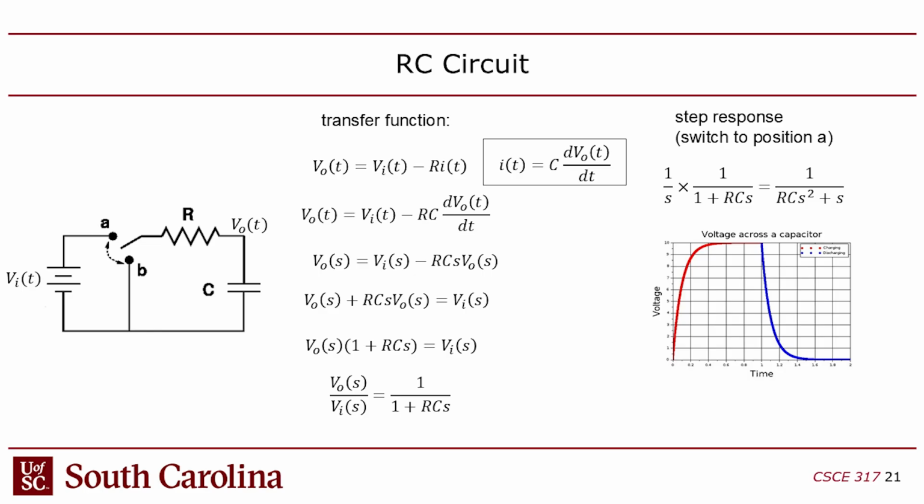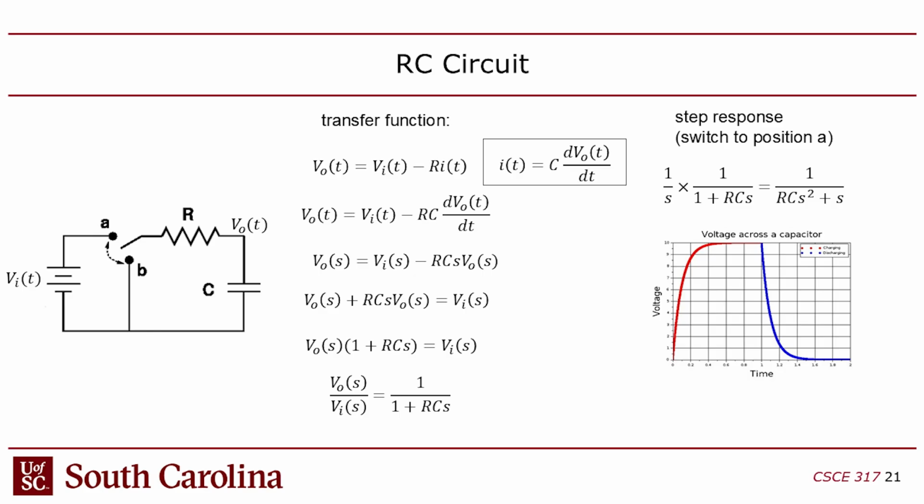That would be VI minus VO, which is going to be VI minus whatever the drop is over this resistor. And what's the voltage drop? We use Ohm's law. It's going to be the resistance times the current, right? Does it make sense?